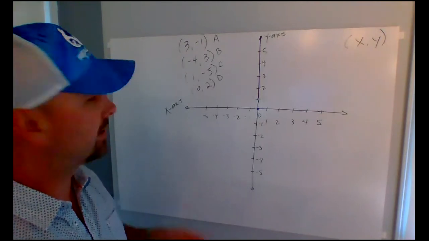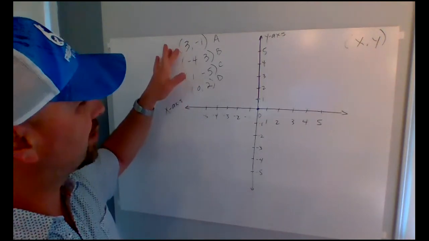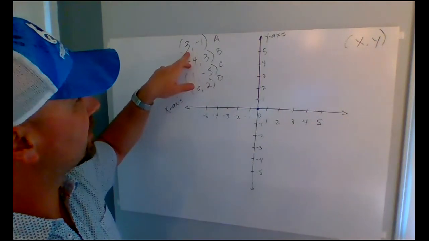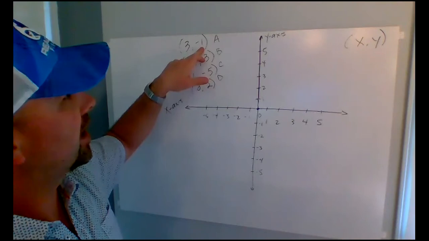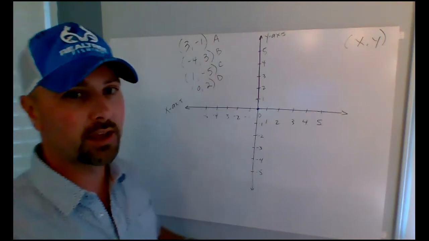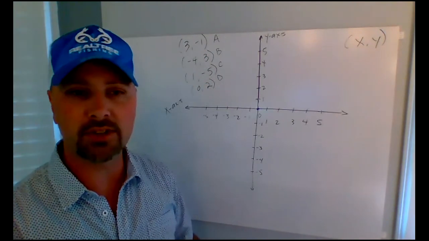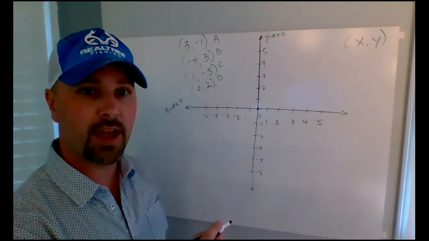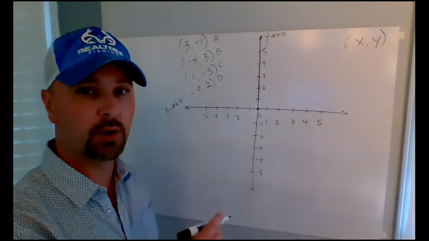All right, so A is 3, -1. Remember, our first number is the X, where it falls on the X, and the second number is where it falls on the Y. So a lot of times when I'm putting points on, I just start at the origin, and then I go to the number for X, and from there I go up or down, okay?